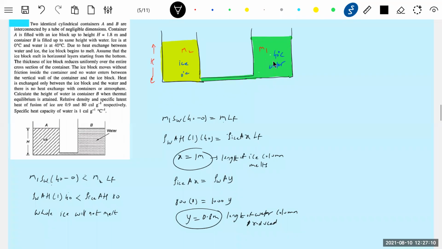Calculate the height of water in container B. This is what the final thing being asked. What to do after this?